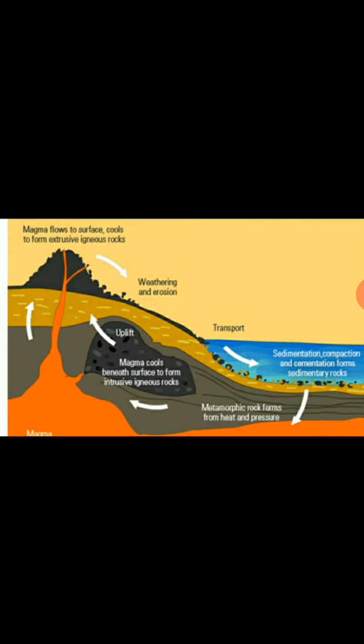Igneous rocks we also call primary rocks. Then the two types of igneous rock we saw, intrusive and extrusive. We saw that in detail. Now you have to read again and understand. Okay, goodbye.